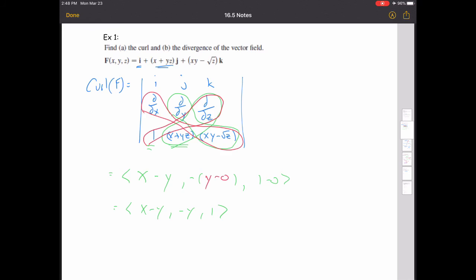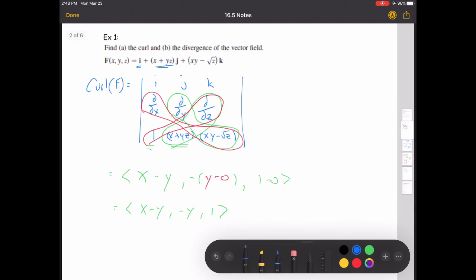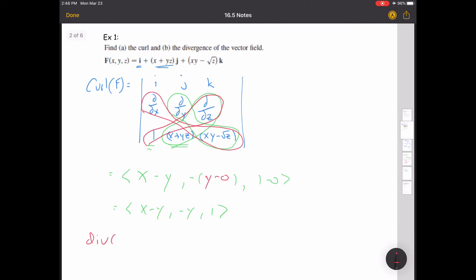All right, so back to example 1 here. Now we have enough information to finish off the divergence. So we're going to answer part B. The divergence of F, again, was defined to be the dot product of d/dx, d/dy, d/dz, dotted with 1, x plus yz.